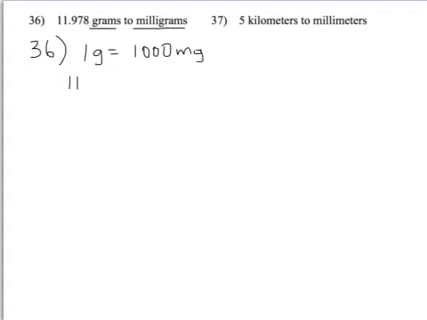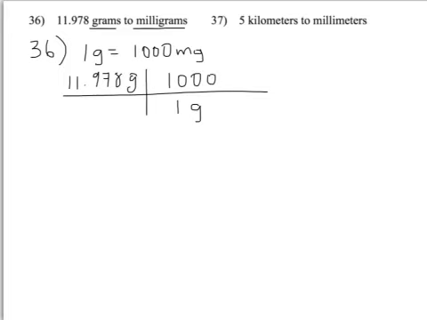We know that 11.978 grams is what we have, and we want to get rid of the units of grams. So in order to do that, we want to place the grams on the bottom and the 1,000 milligrams on top. The reason why we can do that is because we're essentially making a tricky version of the number 1.